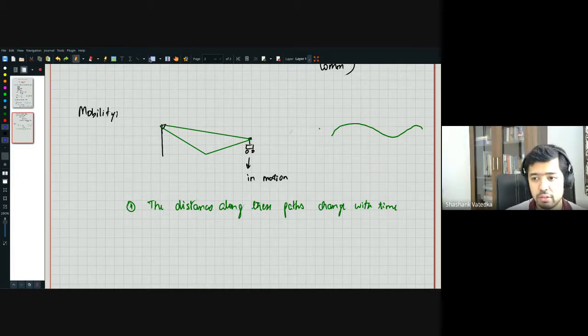But it's also possible that depending on the distance traveled along this path, these could add up destructively, in which case what is received is the sum of these two components, which is close to zero.